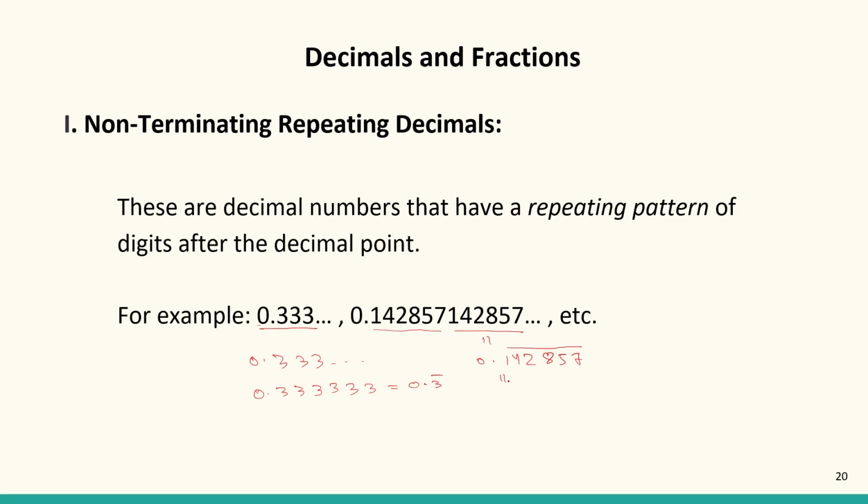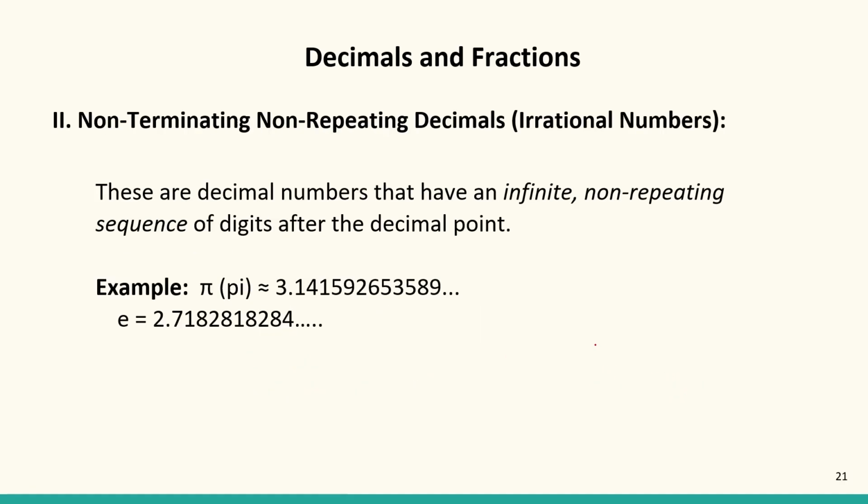What it means is 0.142857, then again 142857, then again 142857, and like this it will continue forever. That's why we use this bar symbol here.